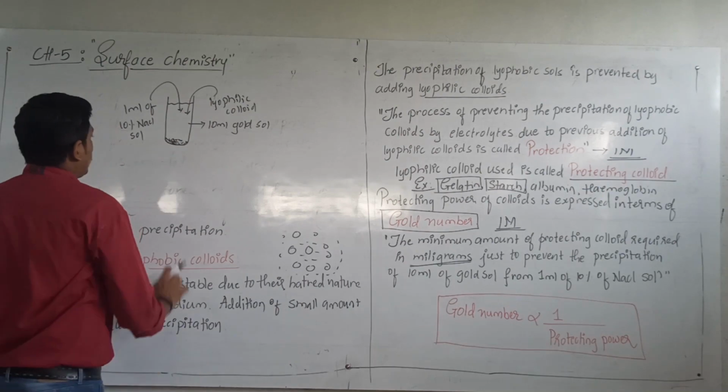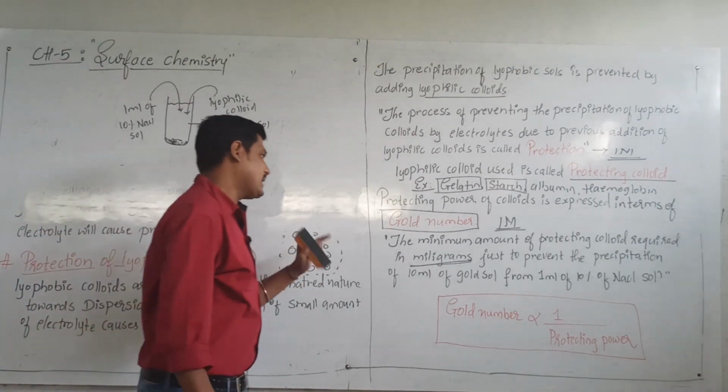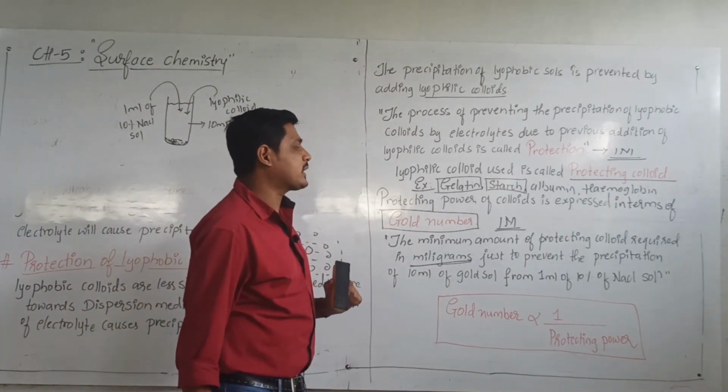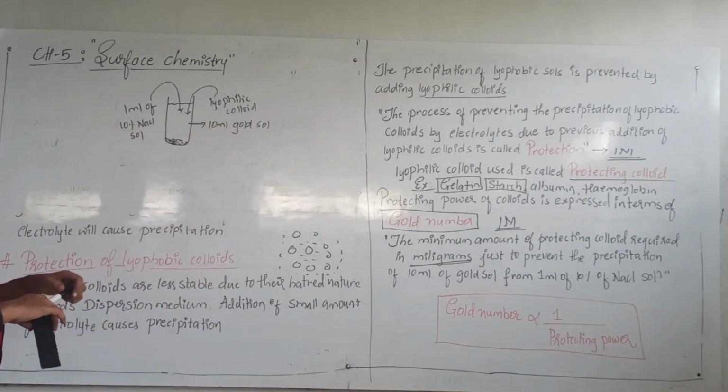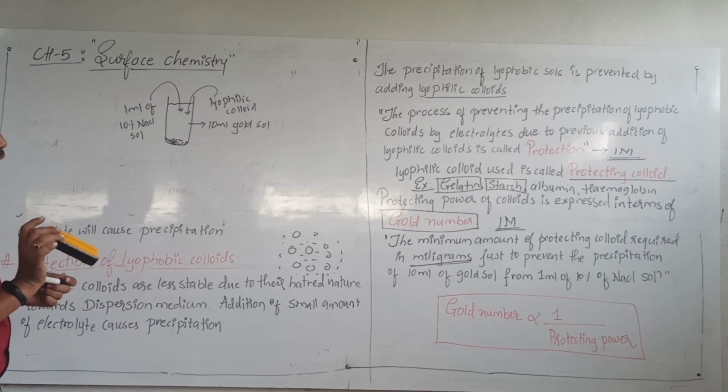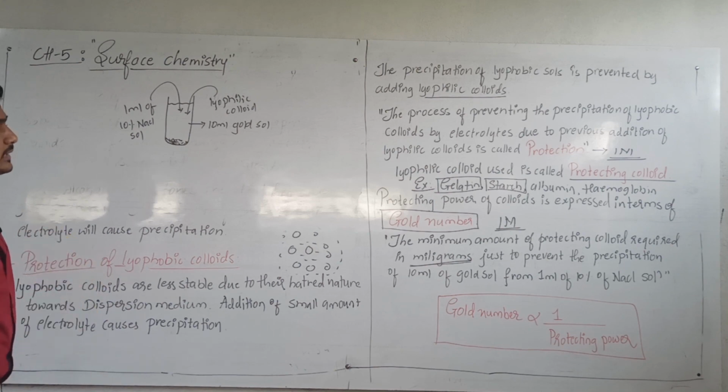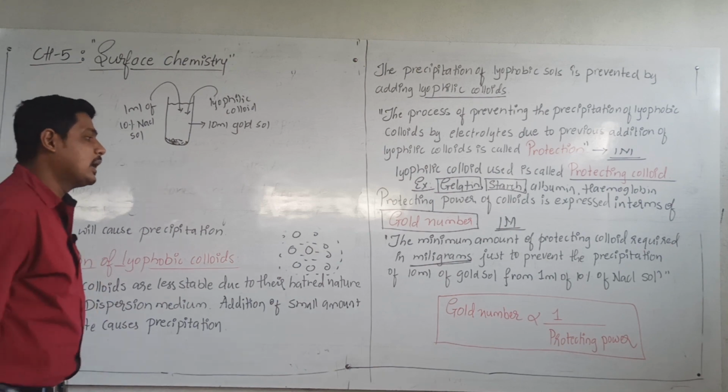This is called the gold number. So the minimum amount of protecting colloid required in milligrams just to prevent precipitation of 10 ml of gold sol from 1 ml of 10% NaCl solution is called the gold number.